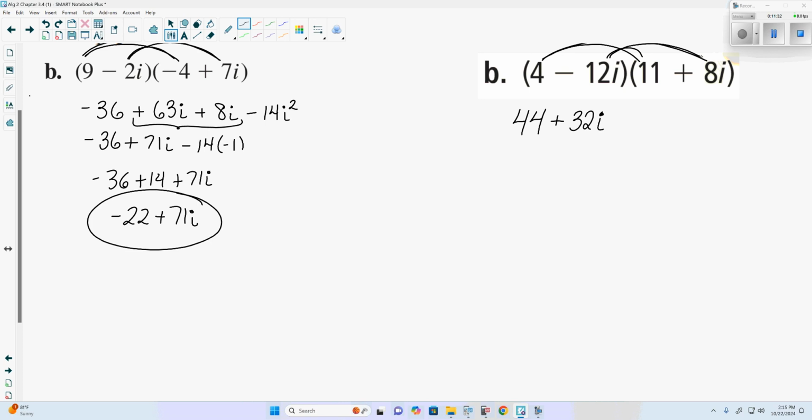Negative 12i times 11 is negative 132i. And lastly, negative 12i times 8i is going to be negative 96i squared.